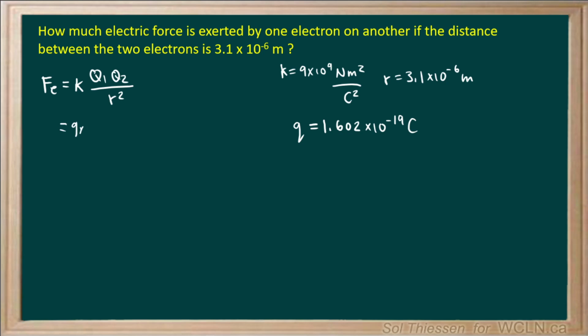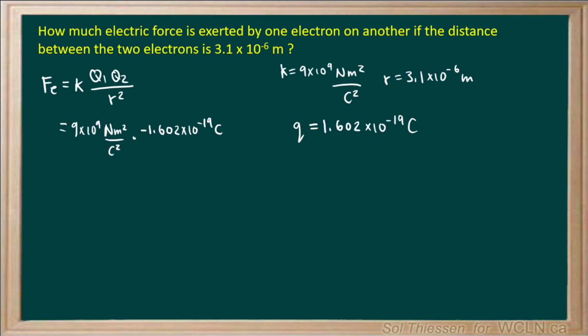So the Coulomb constant, 9 times 10 to the power of 9 newton meters squared per coulomb squared, will be multiplied by Q1, the charge of one electron, which will be negative 1.602 times 10 to the power of minus 19 coulombs.